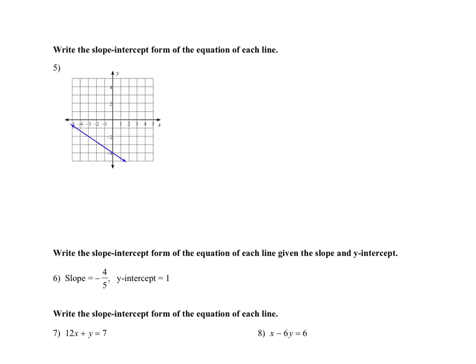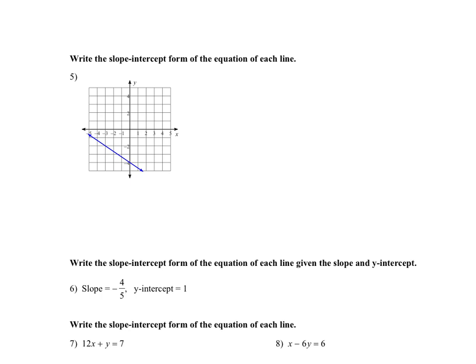Okay. Now, here is the next thing, and here's kind of the big thing for today. Now they're going to give you a couple different scenarios where you have to write the slope-intercept form of the equation. The thing to remember, and I know I am beating a dead horse, but I want to make sure you get it. Slope-intercept form is y is equal to mx plus b.